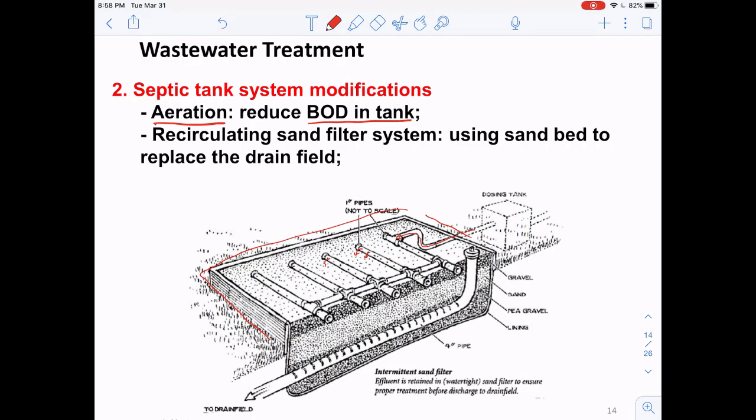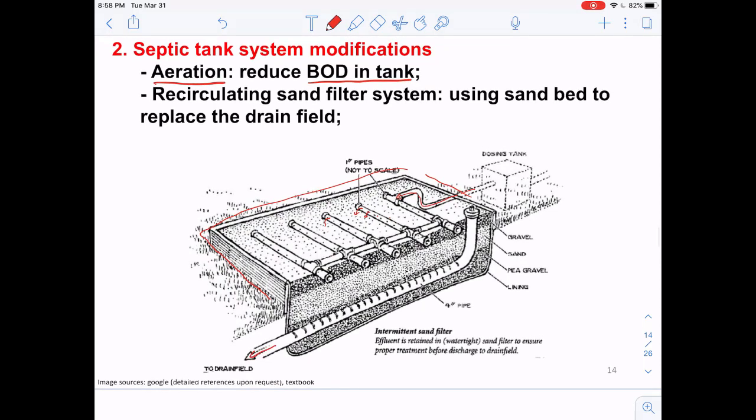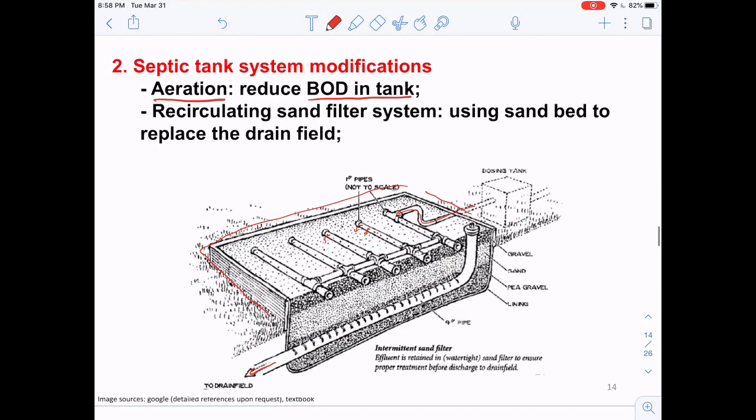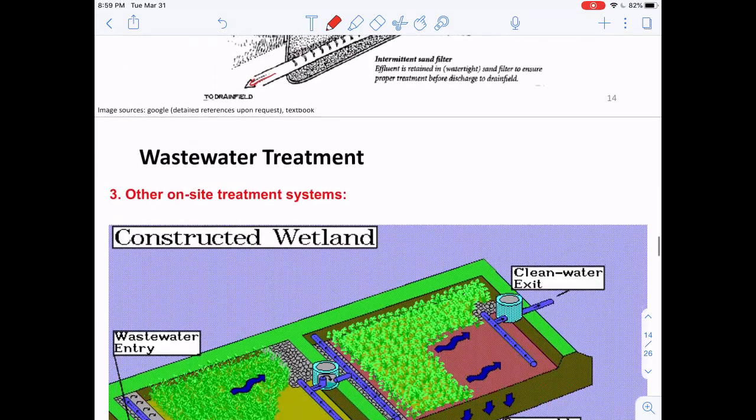In this way we can remove the contaminants and leave them in the sand filters, and then we collect the water by this pipe here and later introduce it into the drain field. So this process uses sand filtration to further remove suspended solids and also some organic components or chemicals from the water through the process called adsorption, okay?